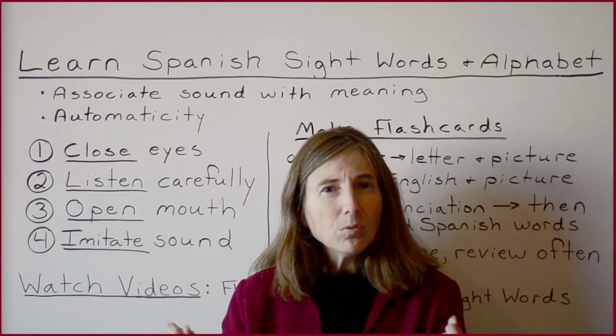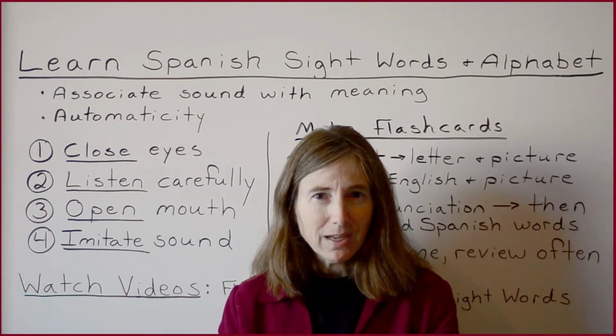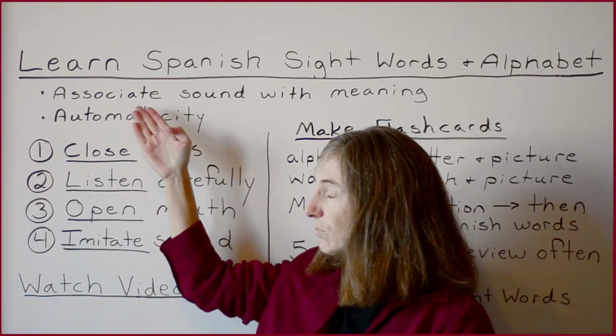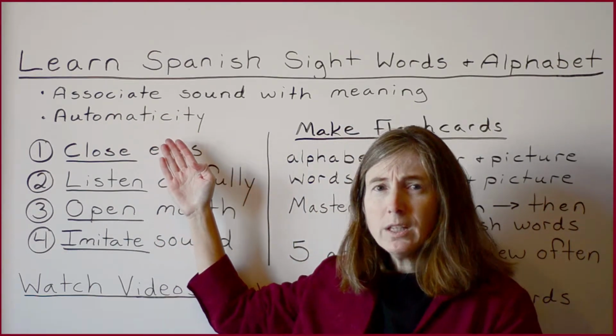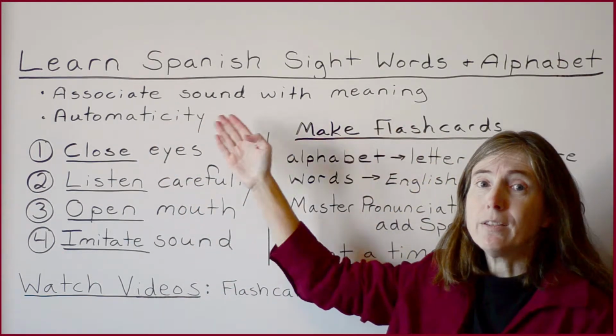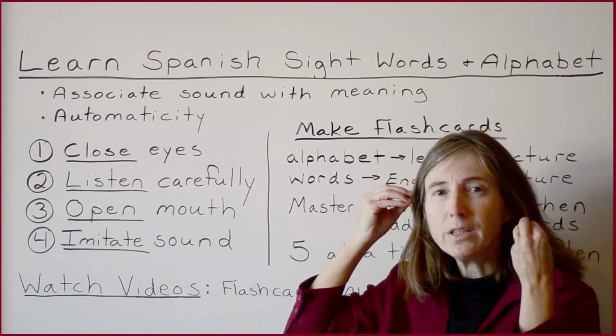But we already knew the sound and we knew the meaning of the sound. So when we're learning sight words in Spanish, what we really need to do is go back and associate a sound with meaning. Okay, so we have to associate the sound that we're hearing with meaning.